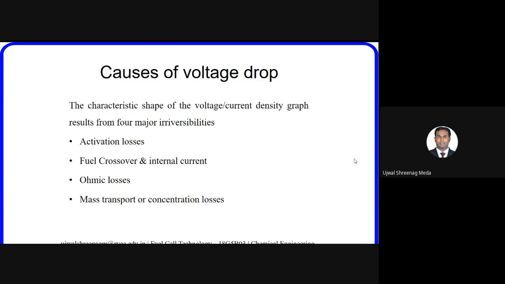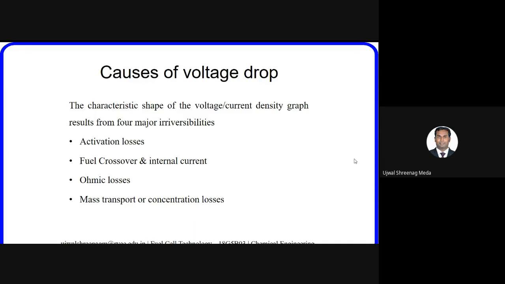Because of this change in concentration, it is termed as concentration loss. And why does this happen? This happens because of the transport of the material. So if the mass transport is improper, is not as expected, these losses happen. That is the reason why they are also defined as mass transport losses.